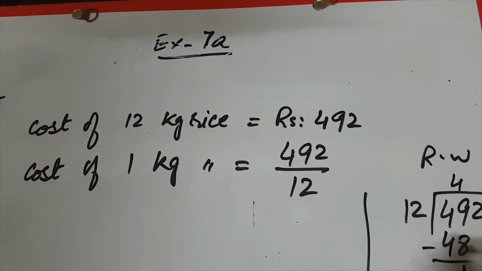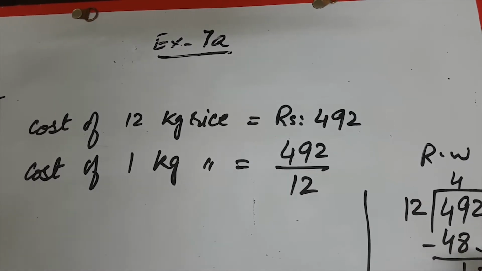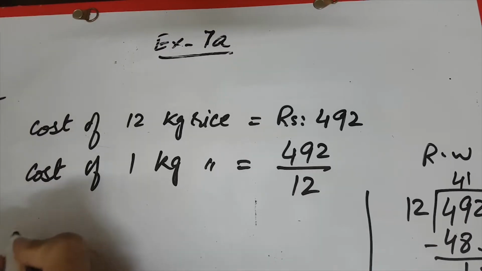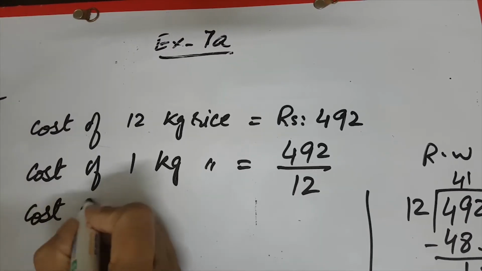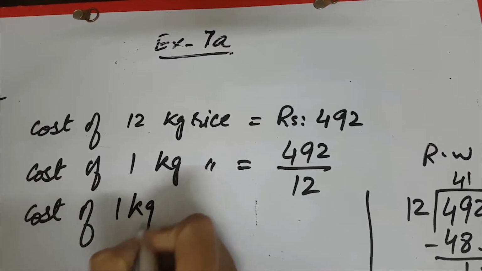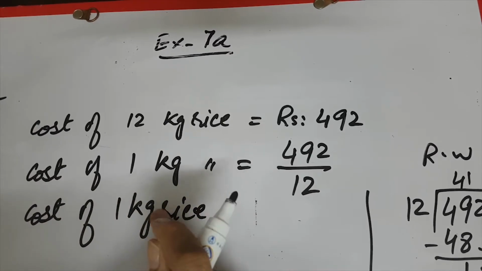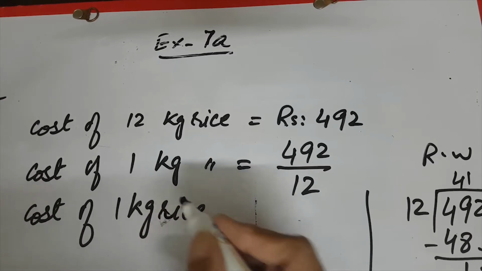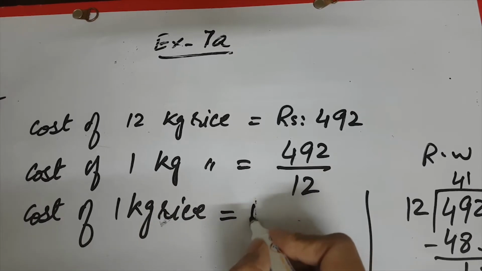Left with 1 and bring 2 here. 12 1s are 12. So cross. It means the cost of 1 kg rice is rupees 41.